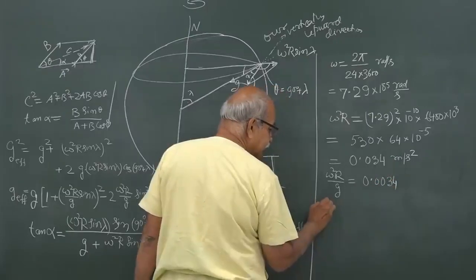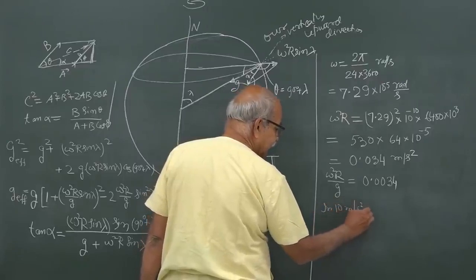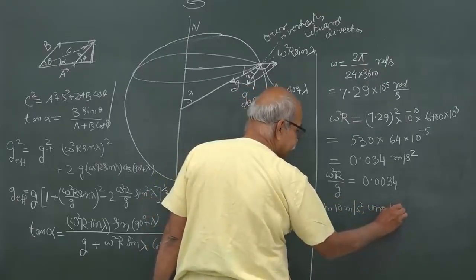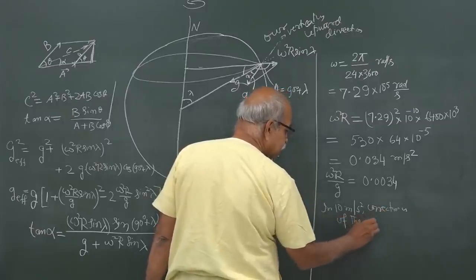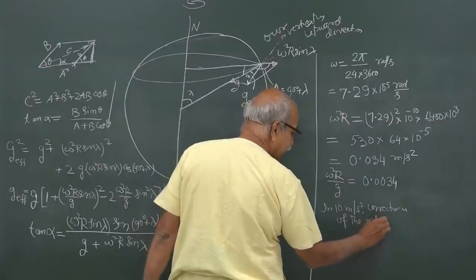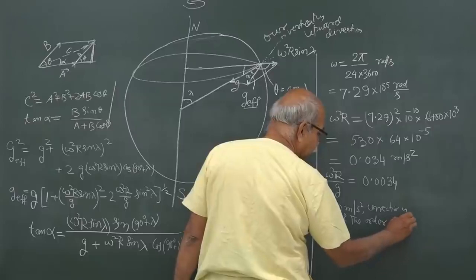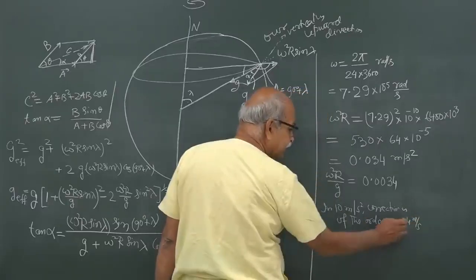So, in 10 meter per second square, the correction is of the order, we will just work it out why I am saying this, of the order 0.034 meter per second square. So, in 100 it will be 0.34.